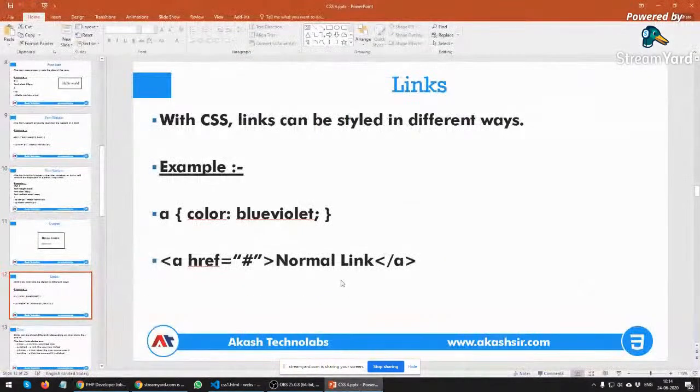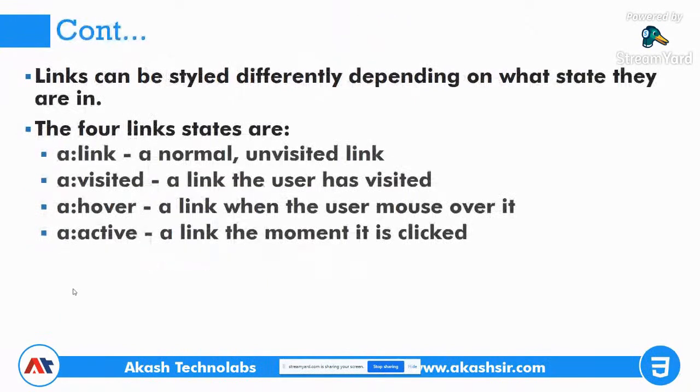So you can also change the hyperlink color with the help of this A tag, and you can specify the color. It's the same simple thing. Next, if you want to change the color of a link, a visited link, a hover, or active, right? And that's it.